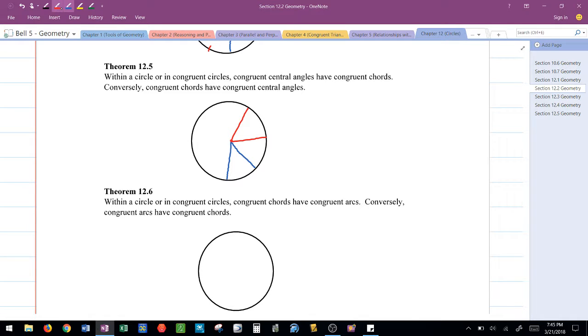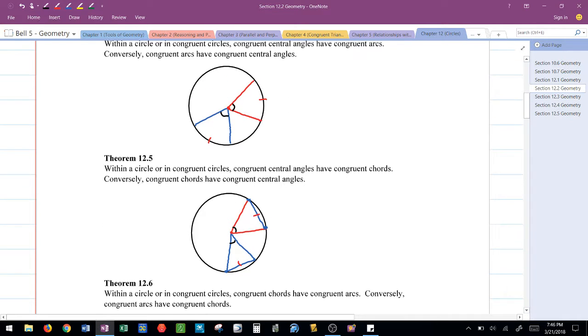Now, if I know that this central angle is equal to this central angle, then these two central angles have what is called a chord. The chord goes from the endpoints of the central angle and connects them. We have one for each of these central angles. If the angles are congruent, then these chords have to be congruent.